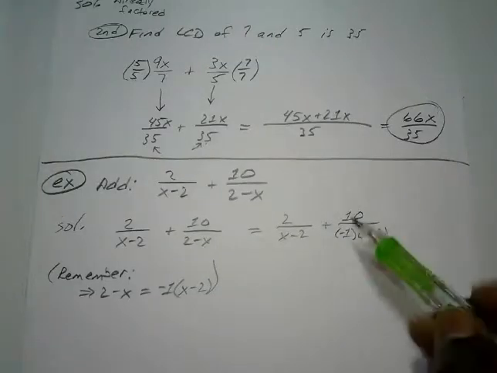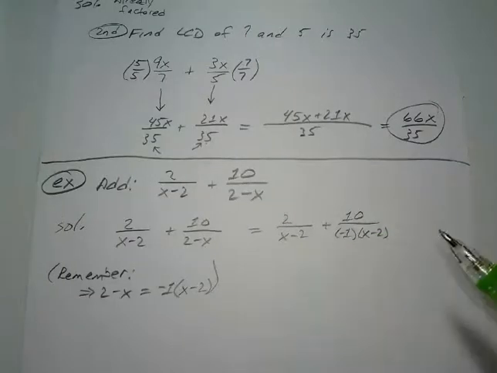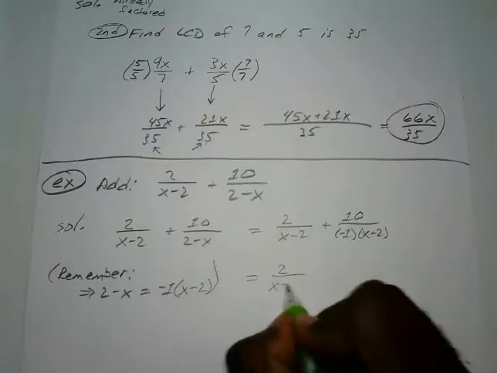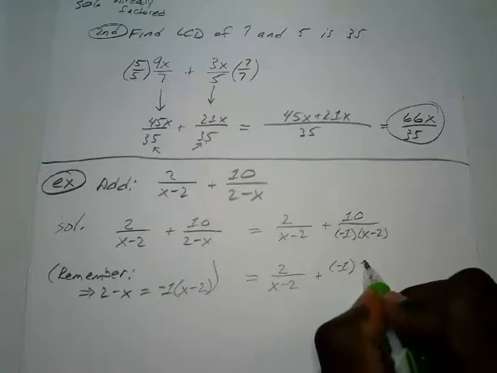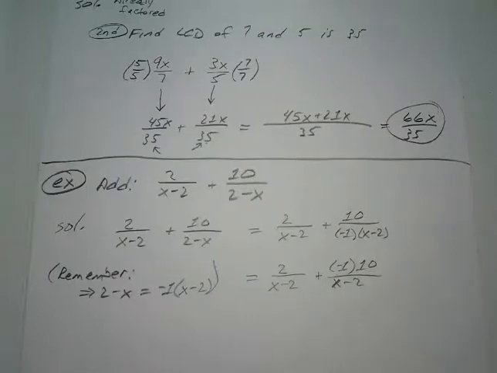Now remember, that negative 1 can be in the denominator, you can move it up to the numerator, or you can move it up front, it doesn't matter. So you have 2 over x minus 2 plus negative 1 times 10 over x minus 2. Okay, so we have our common denominator.